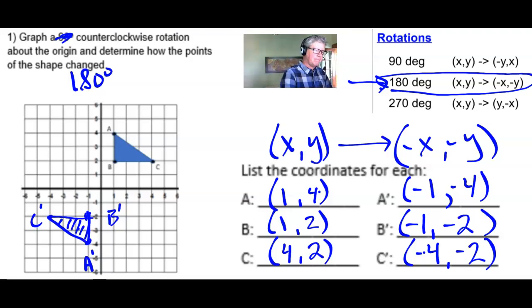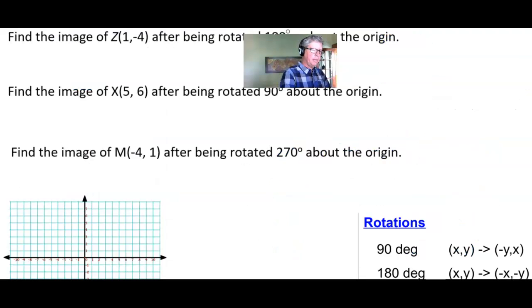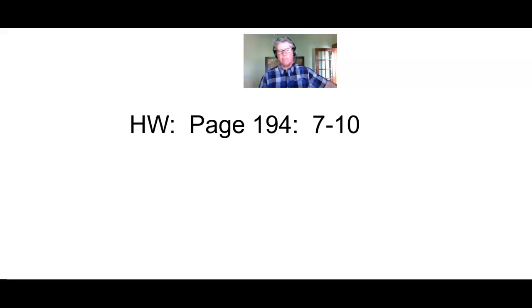Excellent. All right, and we're going to skip this. Your homework is page 194, 7 through 10. When I say just do that on the side, please list your X, Y, all your points. Put your rule right on top and follow that, and you're going to get it totally right.